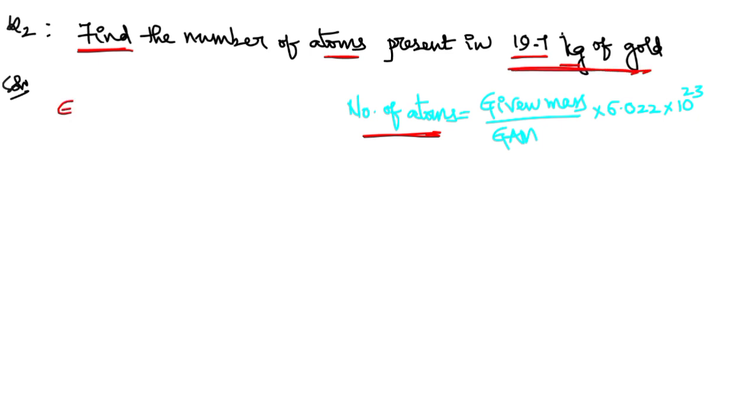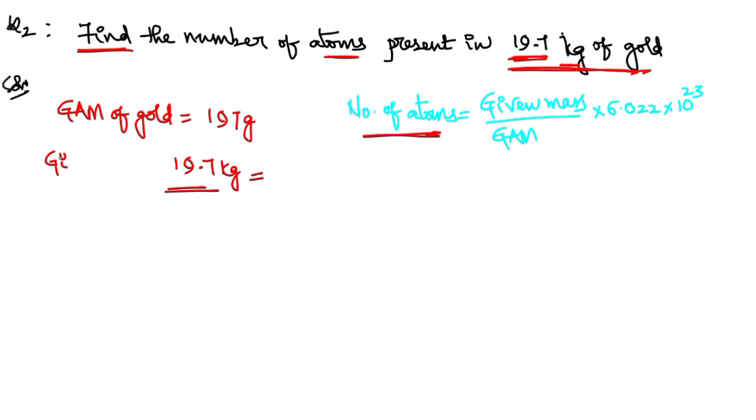Now gram atomic mass of gold is 197 grams. The mass given is 19.7 kg. So you have to find out the number of atoms in 19.7 kg.